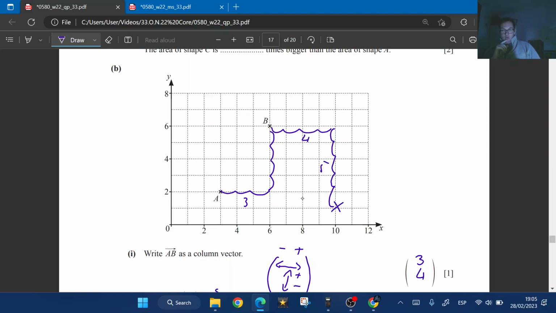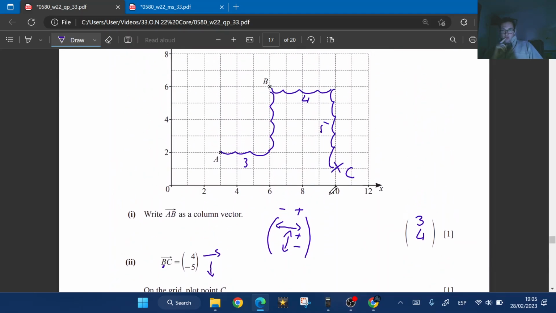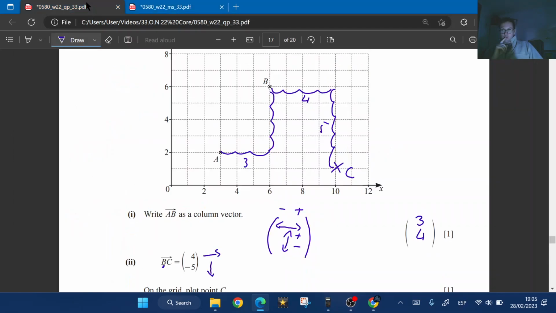And that is where we have C. So make sure to mark it clearly. C. Okay, it's at the point 10, 1. Yep, the point 10, 1. Nice. Okay, you do this in pencil, and you just leave the answer like that.